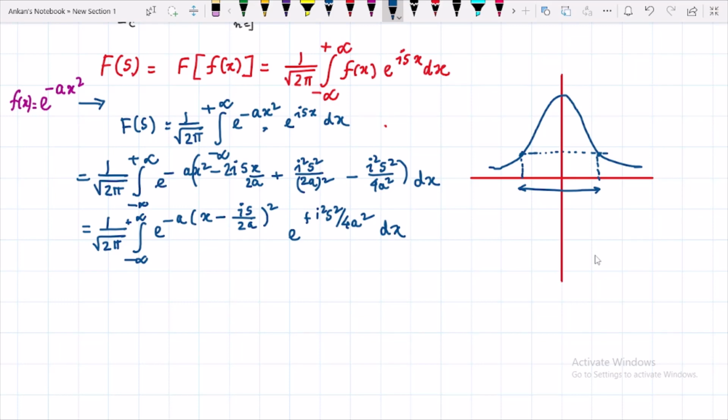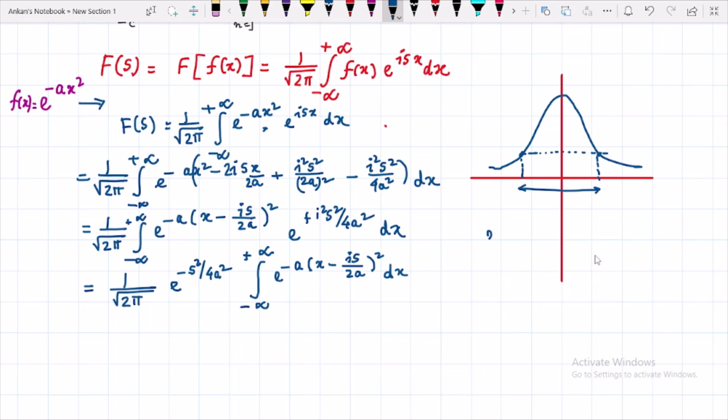Now this is a constant term, so you can take it out of the integration, and i square means minus 1, so this becomes this, and this becomes the integral from minus infinity to plus infinity of e to the power minus a times x minus is divided by 2a, whole square, dx.